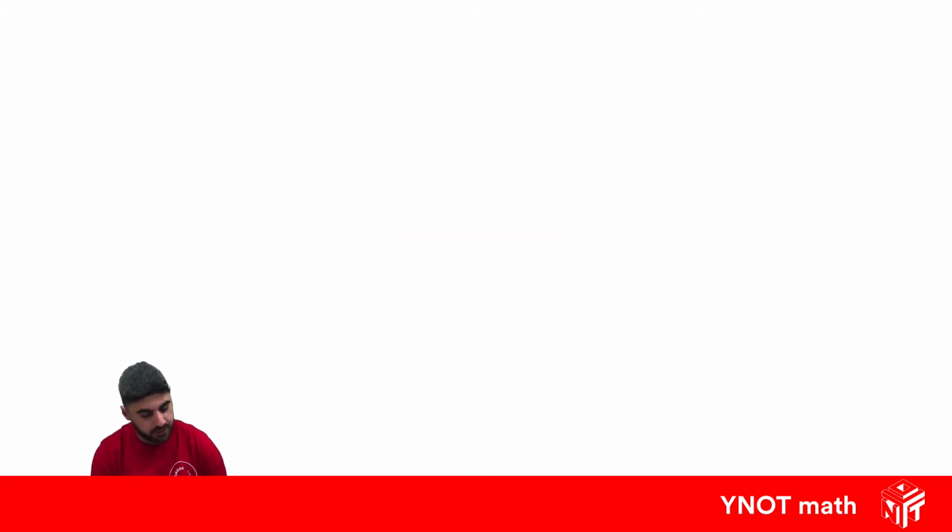Alright, let's have a look at an example. So we have a group of friends pay $1,200 to Airbnb a holiday house. And we're going to let C be the cost per person, and we're going to let N be the number of people going.